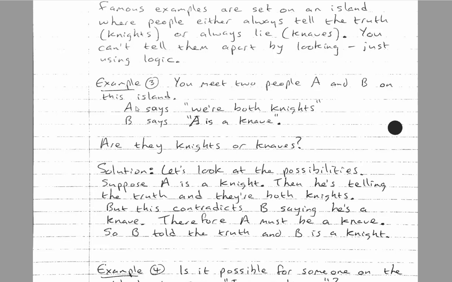A is a knave, but that doesn't tell us about B yet. B could be a knave or a knight. But B says A is a knave, and that's true. So B told the truth here, so B is a knight.